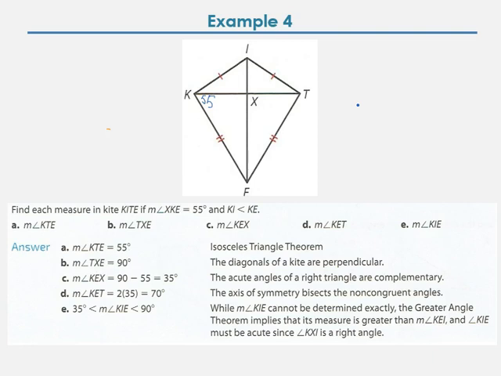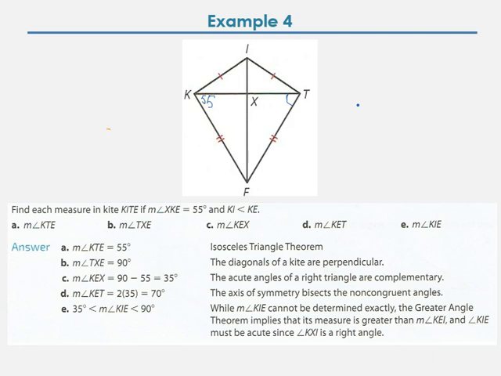So KI is less than KE. Okay. So the measure of angle KTE, that's this measure right here, will equal 55 because it is a congruent angle that was bisected by KT, this crossbar. And that's the isosceles triangle theorem.